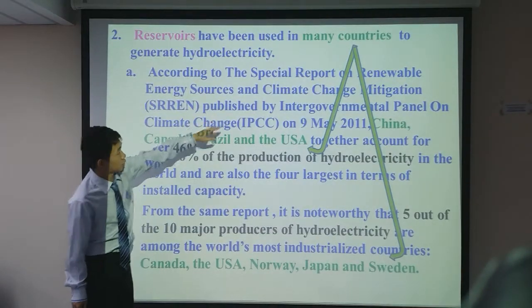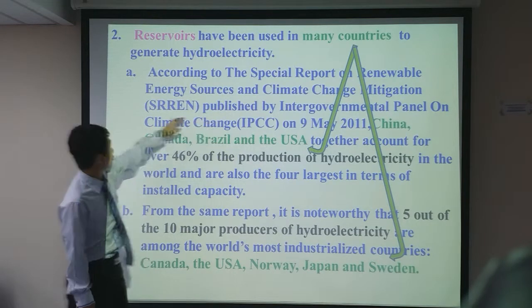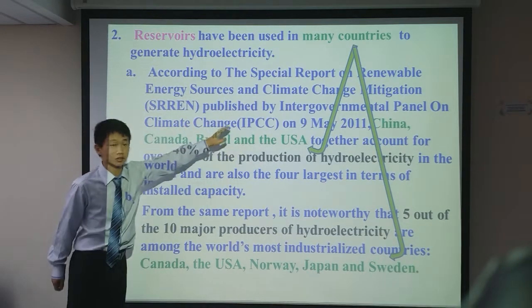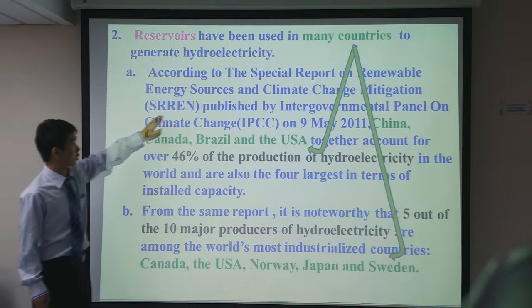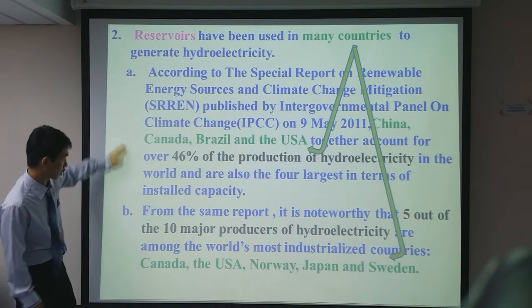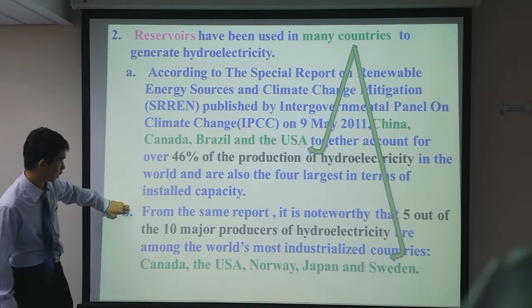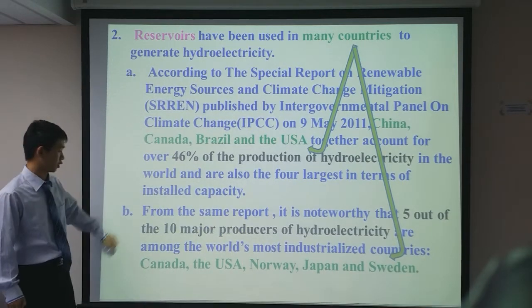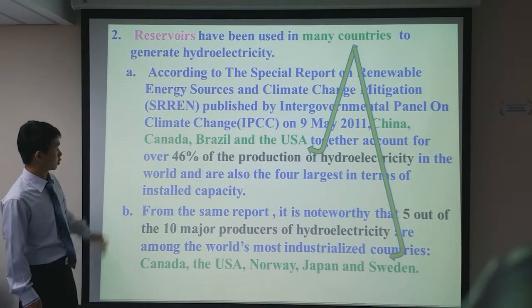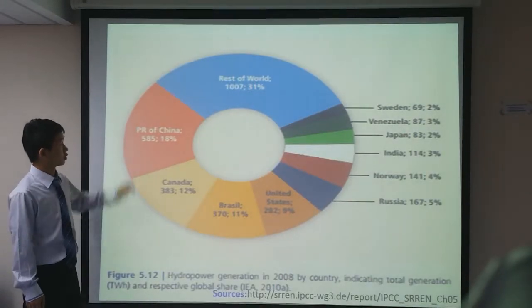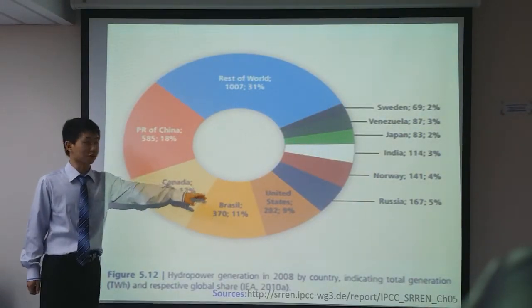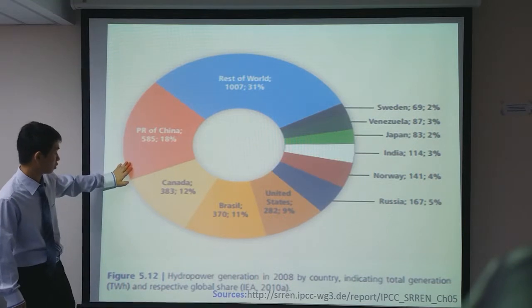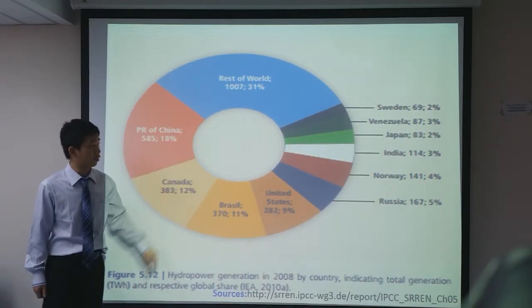According to the Special Report on Renewable Energy Sources and Climate Change Mitigation, SRREN, and the second one discusses the 10 major producers of hydroelectricity among countries. This is the statistic in a pie chart about hydroelectricity.